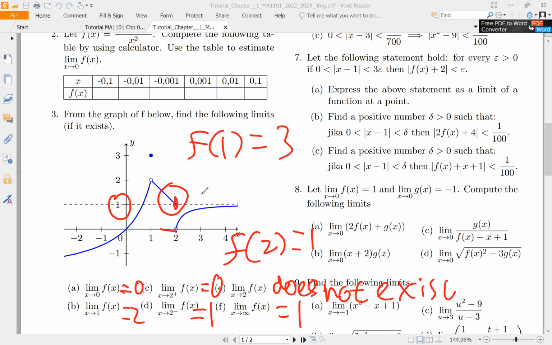It can be quite similar here. Of course, in the case of x equals 1 and x equals 2, they are totally different. Especially if you consider the case where the function is not continuous at that point, then the limit and the value of the function are obviously not the same. But you have to distinguish which one is the value of the limit, and which one is the value of the function.